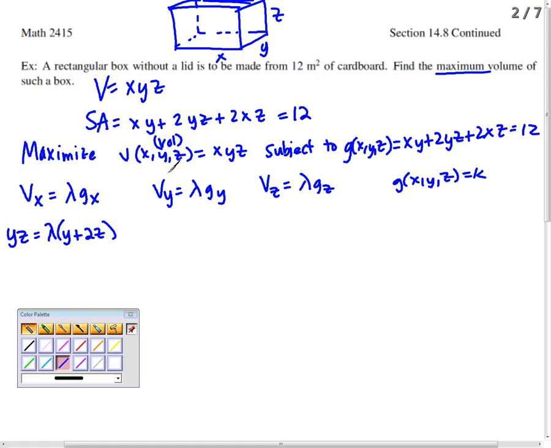Okay. V sub y equals lambda times g sub y will be x plus 2z. Is that right? V sub z will be x, y equals lambda times 2y plus, and then I'm just going to rewrite this guy.